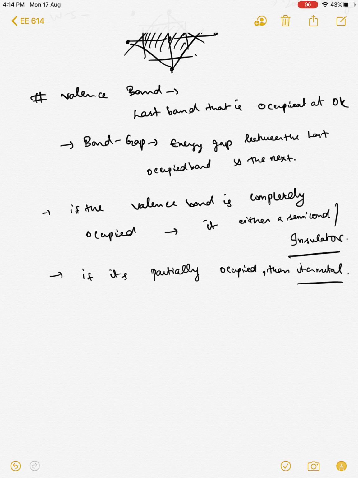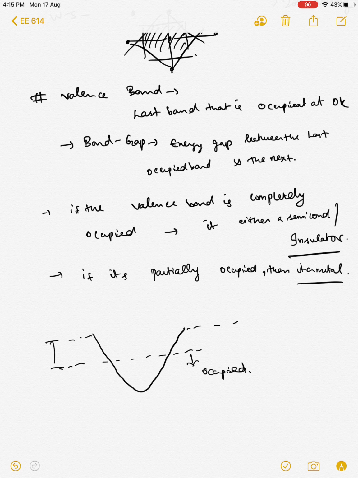Though this seems arbitrary, the reason it's a metal is because, let us say that I have a band and it is just partially occupied, in the sense that all the energy levels below this are occupied and all the energy levels here are unoccupied.